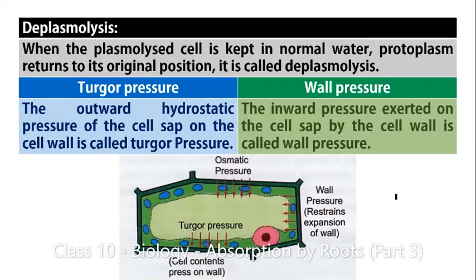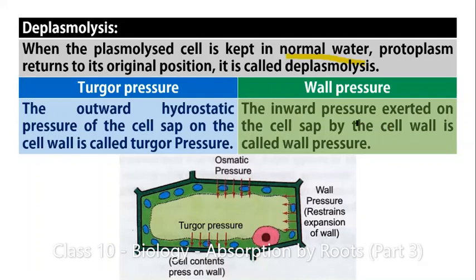Now let's go to another phenomena called deplasmolysis. Now, as we have seen in case of plasmolysis, the cell has become plasmolysed when you put in a hypertonic solution. Now, if the plasmolysed condition of the cell continues for a longer period of time, then the cell may not be able to gain water anymore and the cell will die. So, to get the cell back to its normal state, the cell should be kept in a normal solution of water or normal water.